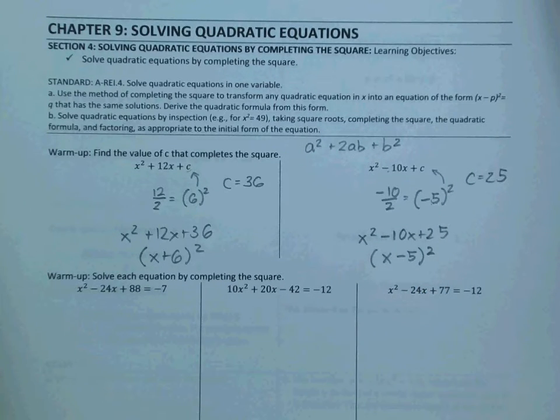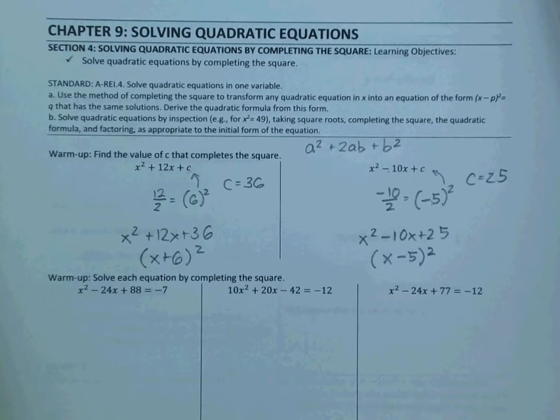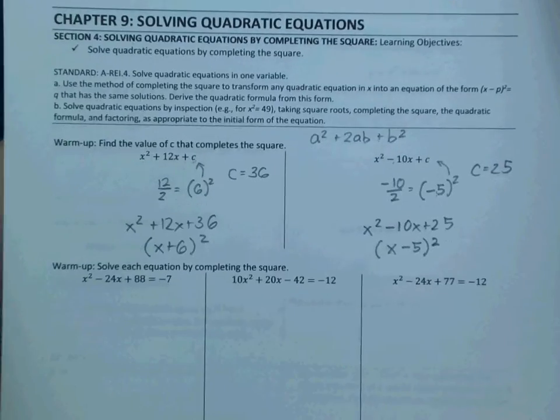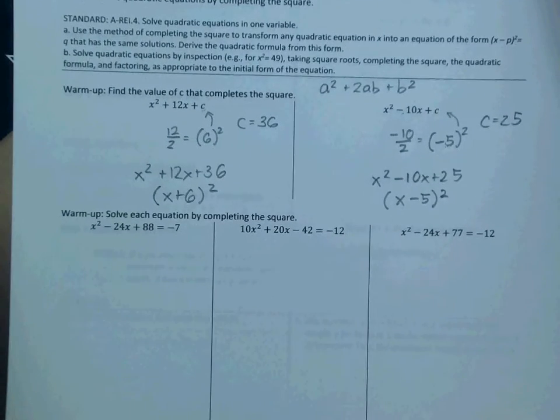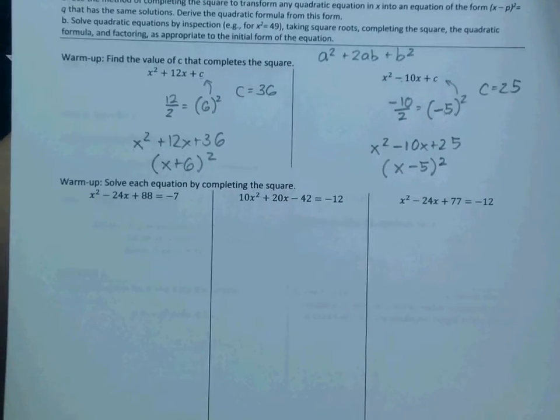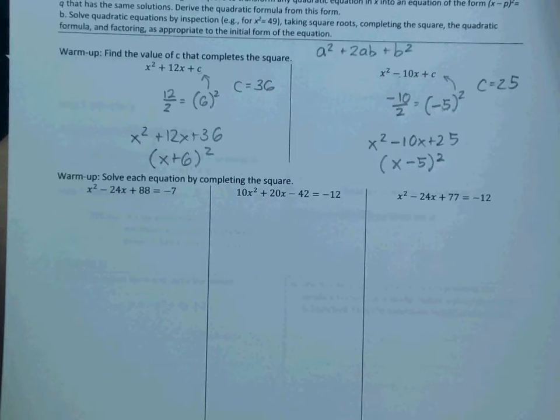Okay, now we're going to solve each of these by completing the square. If you need to pause the video to solve them, please pause the video. You can pause between. I am going to start.